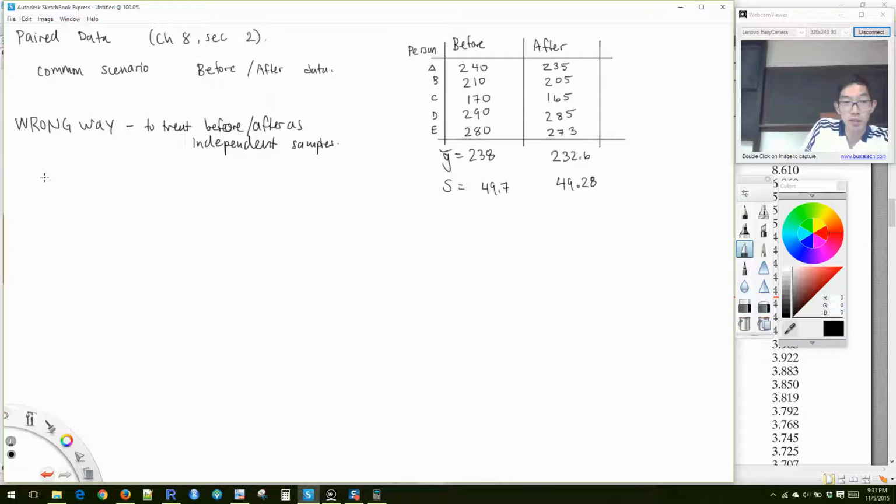Because in this case, we would have mu1 minus mu2 equal to 0, and our alternative would be what? If we did it directional, it should be that the before minus the after would be greater than 0, okay?